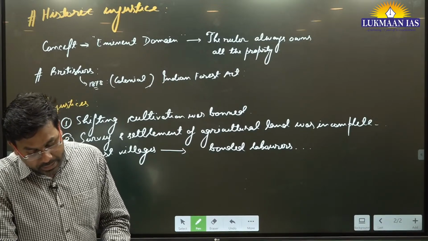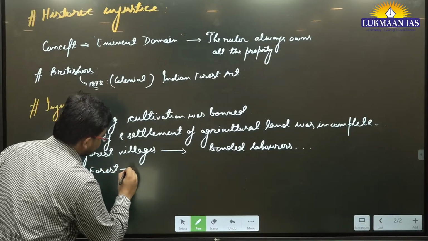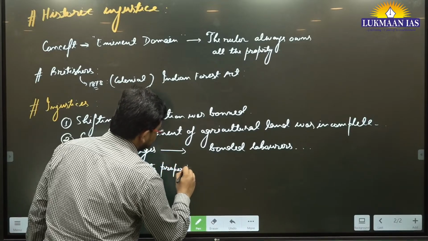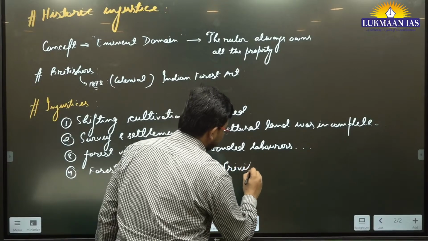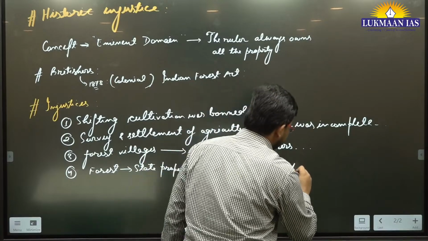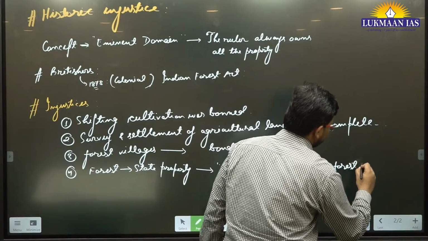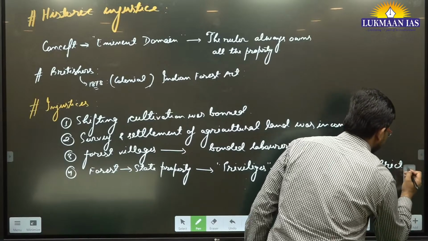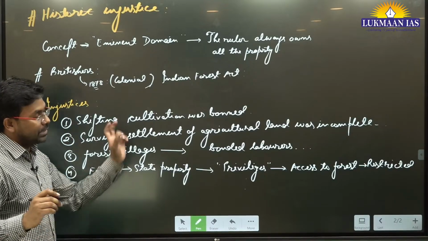Forest was considered state property, so any access to the forest was said to be a privilege, and access to forest was restricted. This is another problem we faced related to the recognition of forest rights.